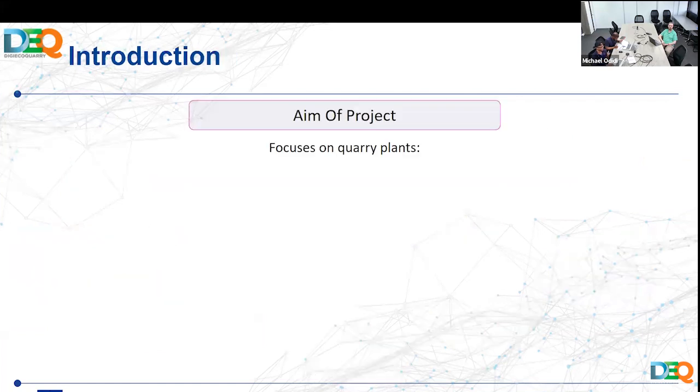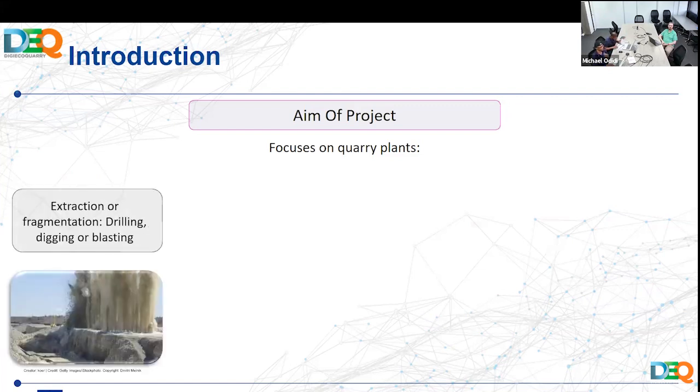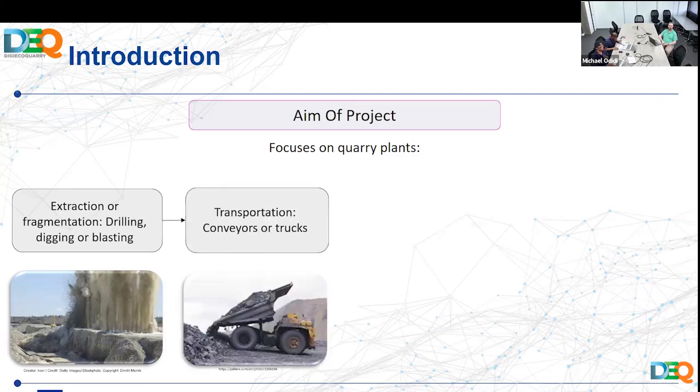Now, the aim of the project, as the name suggests, focuses on quarry plants. And so we identified four broad stages of the quarrying process flow sheet. We have your extraction or fragmentation, which involves your drilling, your digging, your blasting. You then have your transportation of this fragmented material from the excavation site to the actual processing site.